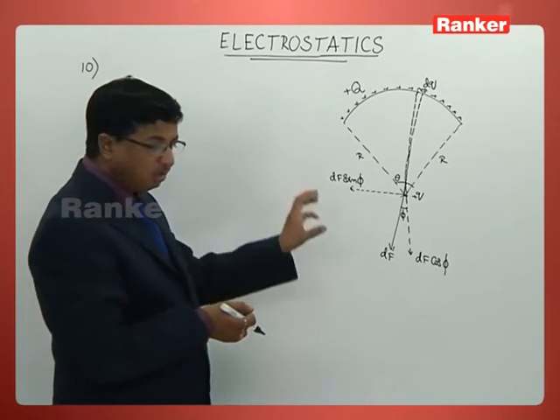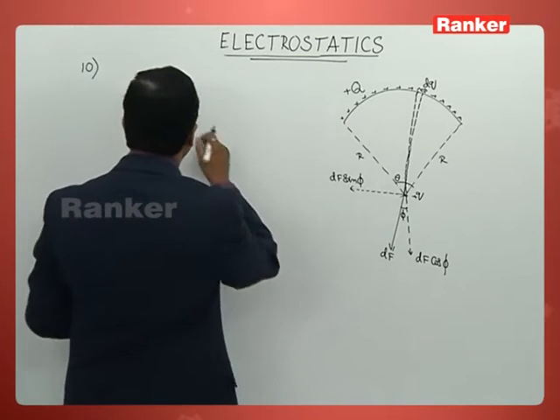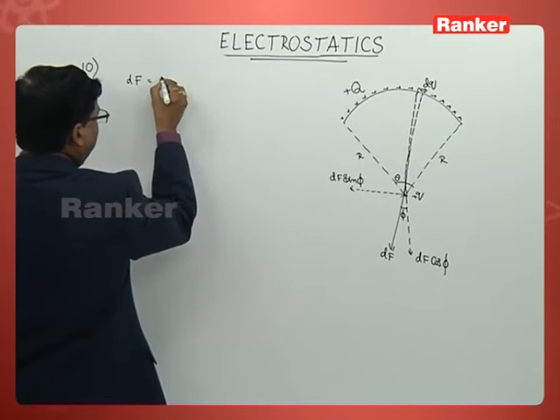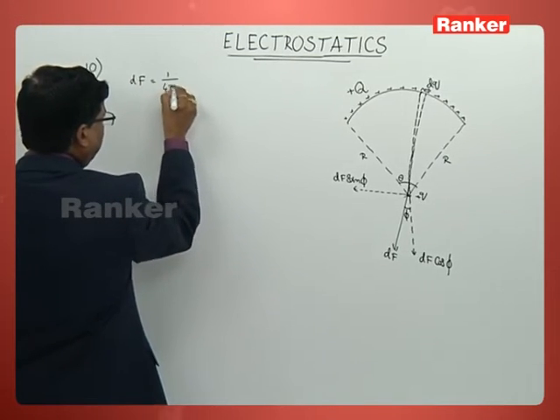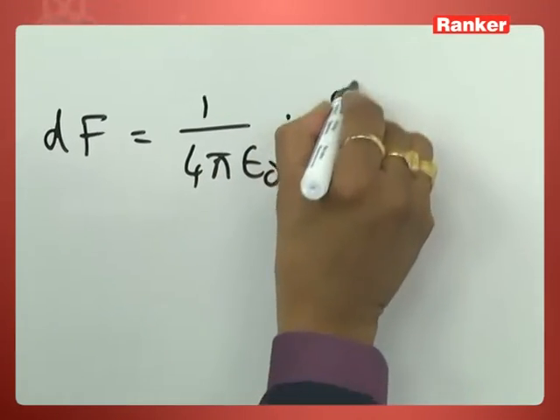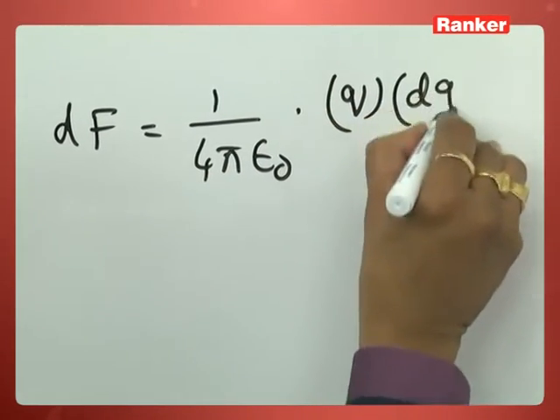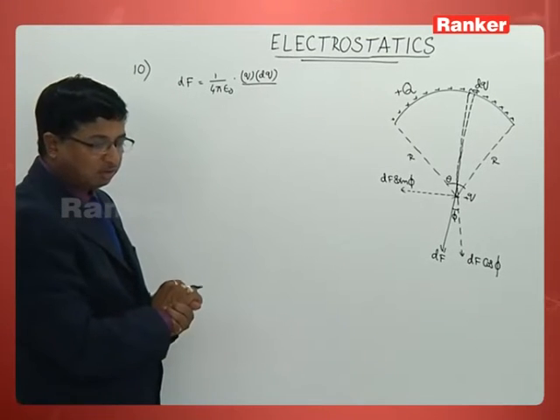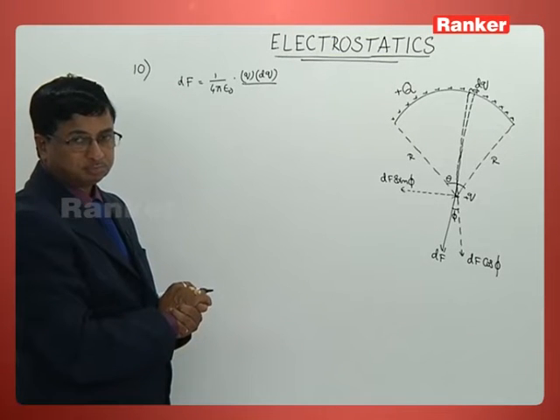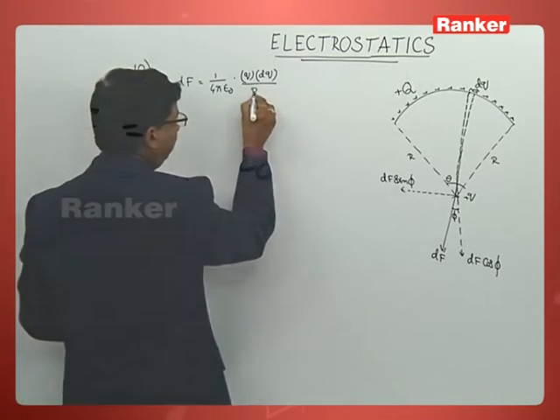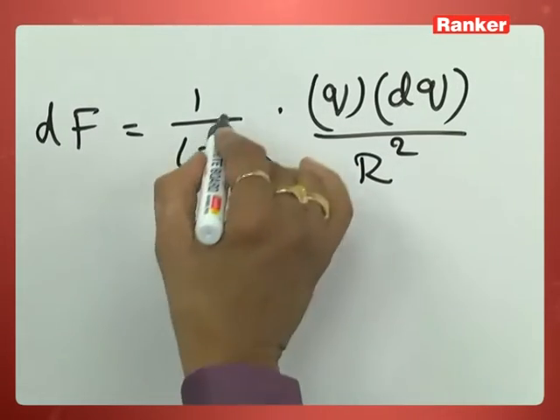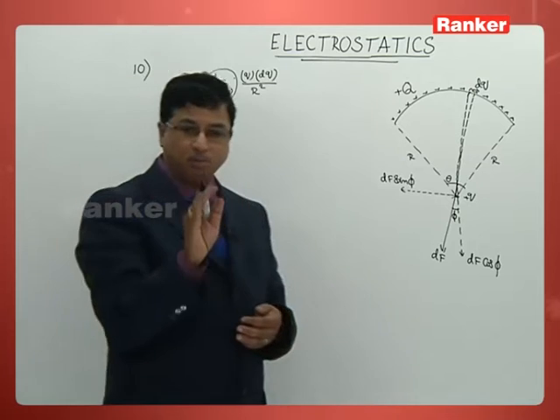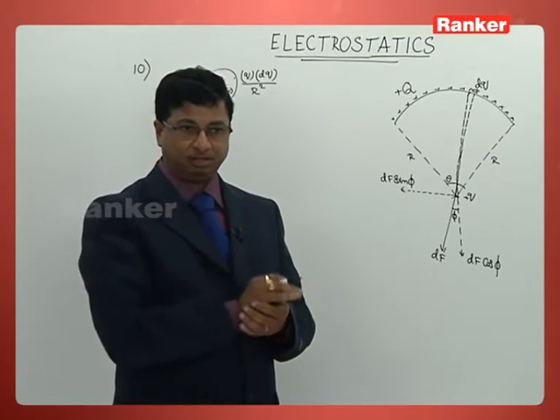So what we just have to look into, what is the force over here first? dF I write. It is 1 by 4 pi epsilon naught q into dq by r square. That is the concept what we have. But in fact, 1 by 4 pi epsilon naught, in that problem, it is given as k.